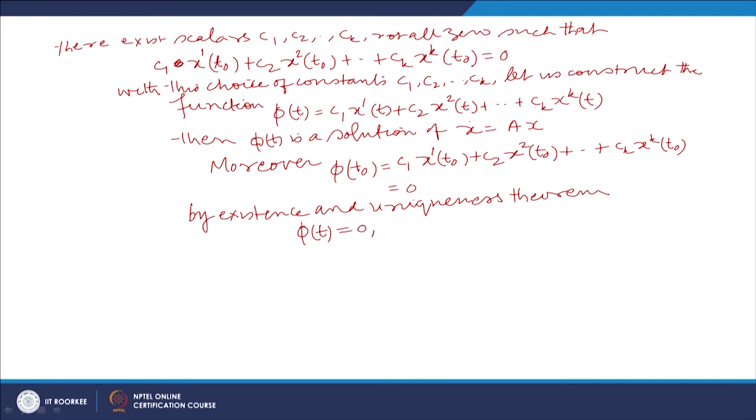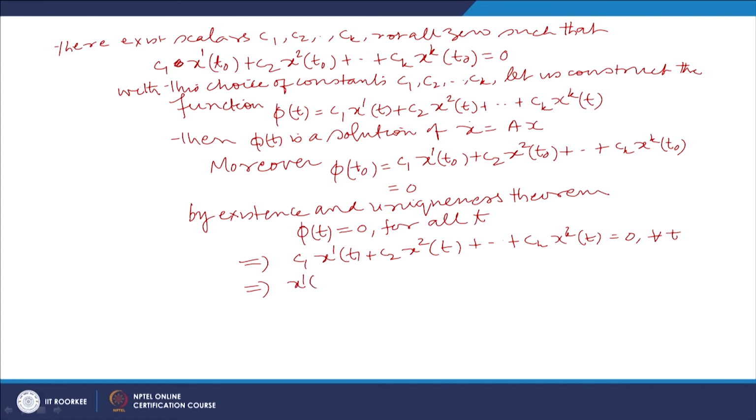So, phi t is equal to 0 for all t, okay, and which implies that C1 x1 t plus C2 x2 t and so on Ck xk t is equal to 0 for all t, and this tells us that the k functions x1 t, x2 t and so on xk t are linearly dependent, okay, and so we get a contradiction. So, this proves the theorem.